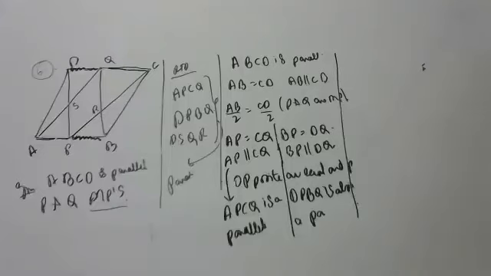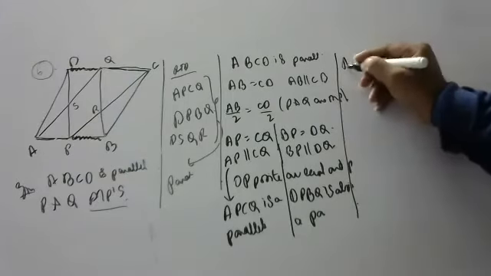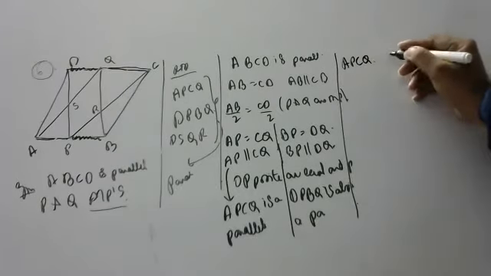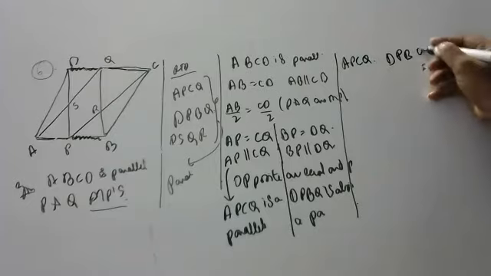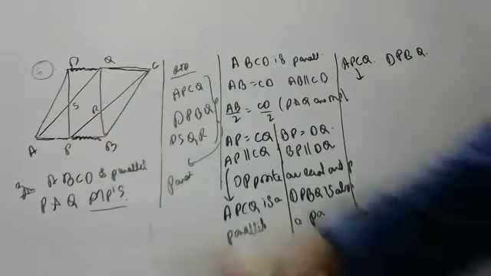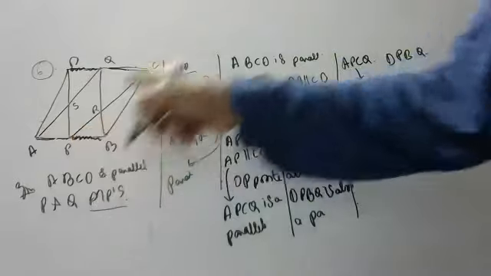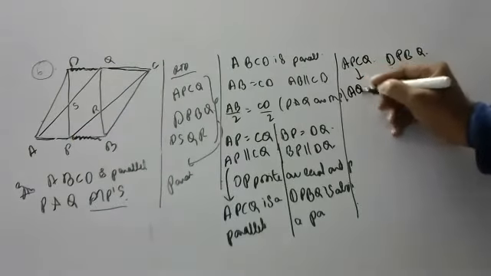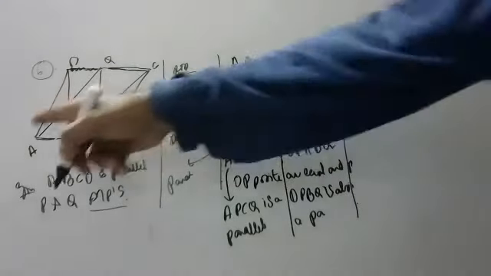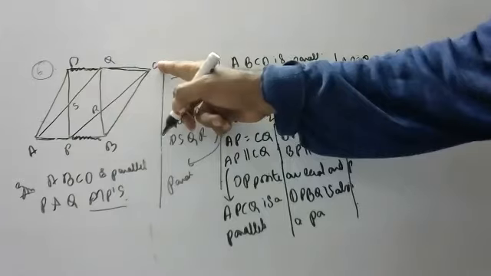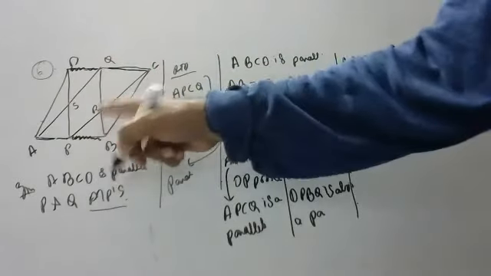Now, very good, children, all of you. APCQ is a parallelogram, DPBQ is also a parallelogram. Now, if APCQ is a parallelogram, can I say AQ is parallel to PC? Yes, sir. If AQ is parallel to PC, can I say QS is parallel to PR?